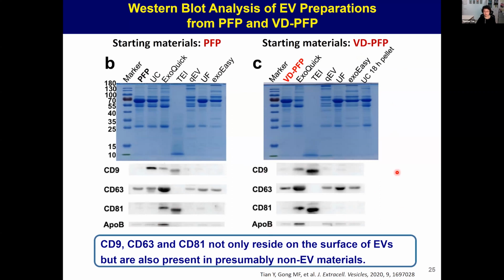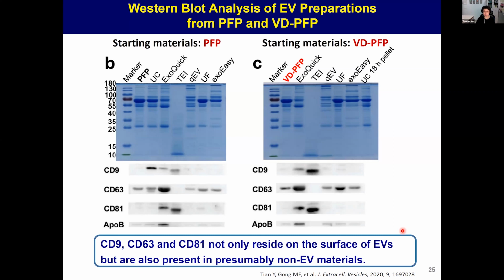We can see that for those CD markers, the pattern of the vesicle-depleted plasma is almost comparable to what we got from the PFP. Presumably there should be no EVs inside, but we can still see a high concentration of those CD markers, which means those markers not only reside on the surface of EVs, but are also present in some other non-vesicular materials.